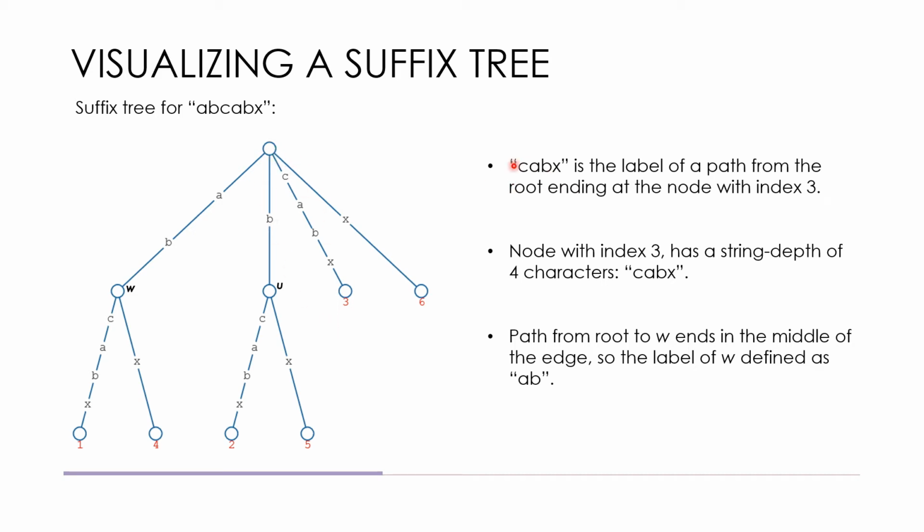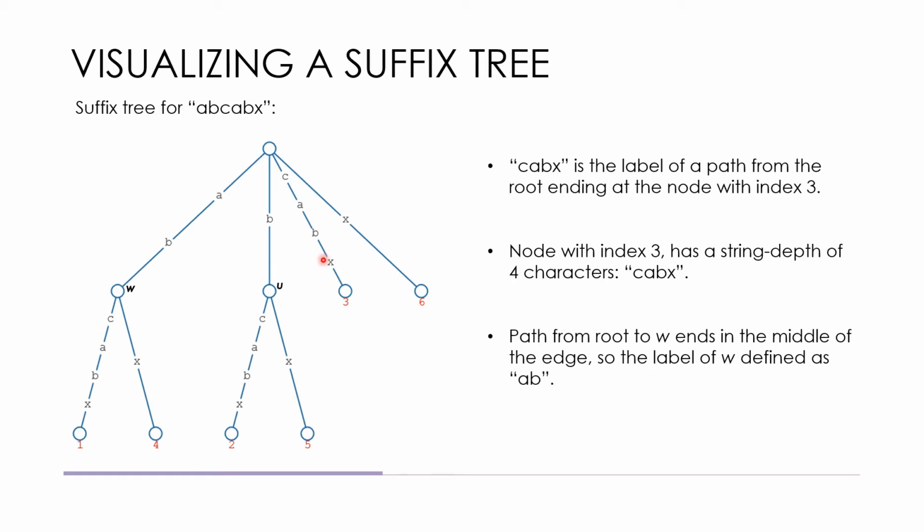And so we see that CABX is the label of a path from the root ending at the node with index 3. So we start at the root and we end up at index 3, assuming that our indexes start at 1. And so we see that the label is CABX.